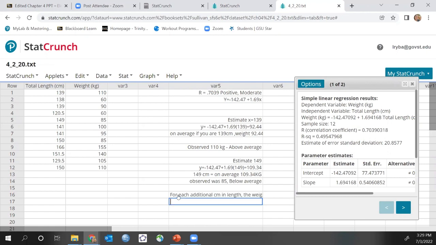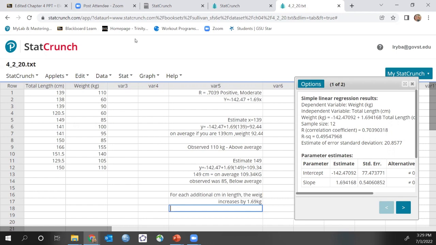Slope increases. So the weight increases by 1.69 kilograms. That is how I will always write it. For each additional X, the Y increases or decreases by whatever your slope value is. Okay, for me, that makes more sense.